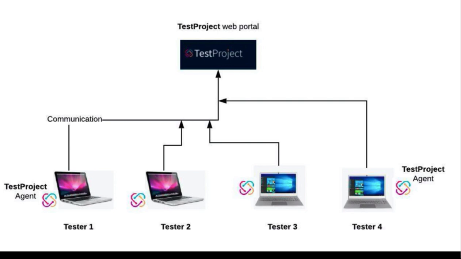TestProject Agents allow you to create and run tests on a local machine. They're very easy to install, and that's what we're going to see. Each member of your team can install an agent on their machine and choose if it is public or not. Public agents can then be accessed and shared across the team. This is a powerful way to create a test lab without buying a large number of devices.